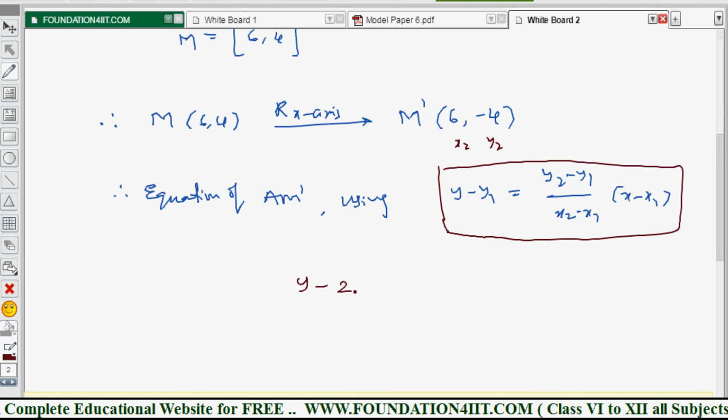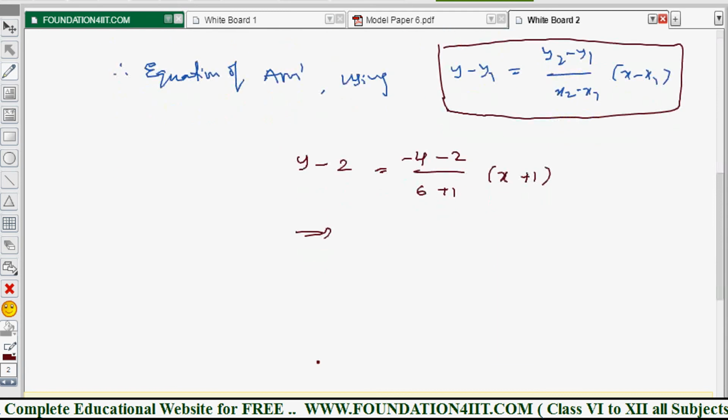That is y minus 2 equals (minus 4 minus 2) by (6 minus of minus 1, or 6 plus 1) into (x minus of minus 1, which is x plus 1). Simplifying, y minus 2 is equal to minus 6 by 7 into (x plus 1).